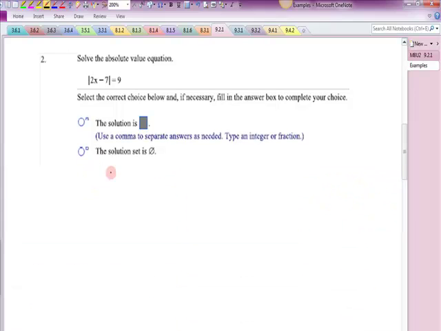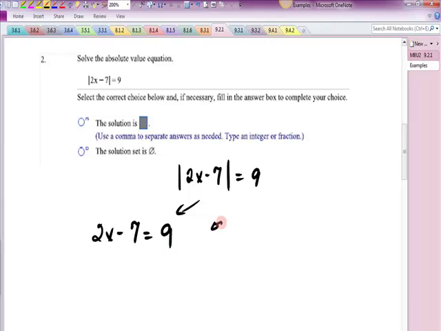All right, the next one, it says the absolute value of 2x minus 7 is 9. That means that 2x minus 7 could be the value 9, or the 2x minus 7 could be the value negative 9. Solve each one. Add 7.